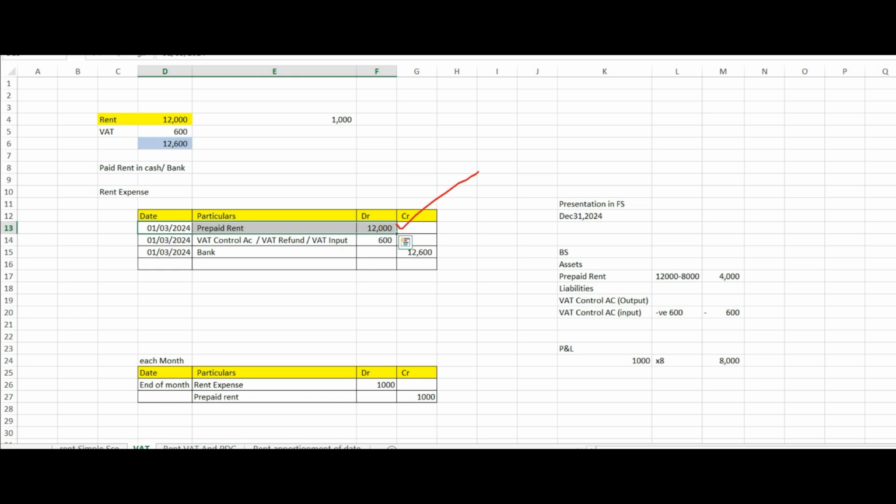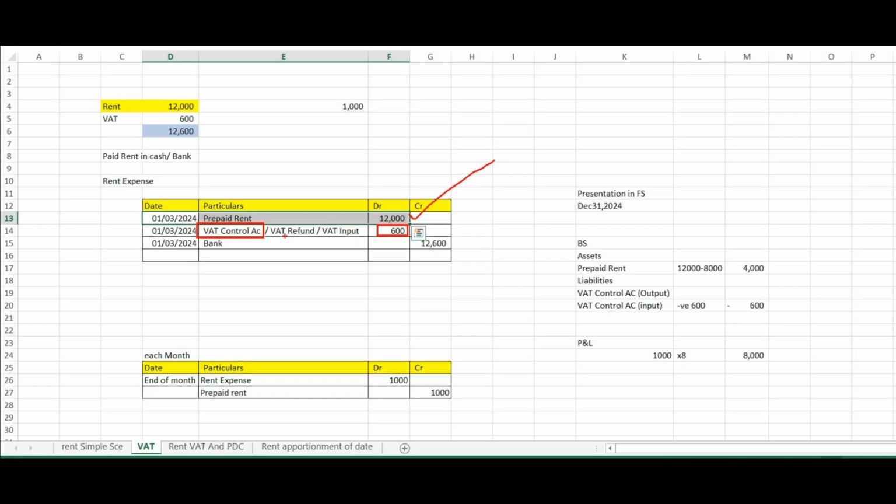As far as this 600 is concerned, this is your VAT refund, your asset. You can say it is your asset or your contra liability. If you are creating a VAT control account with the nature of liability, this amount will reduce the liability. That's why it is being debited, and bank or cash account will be credited with 12,600.